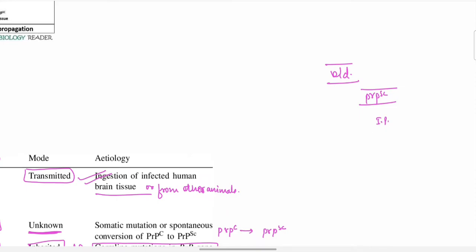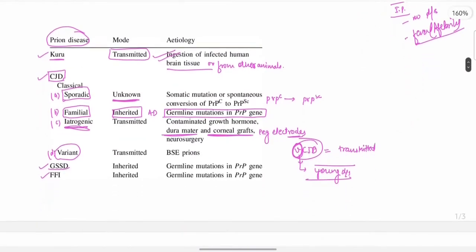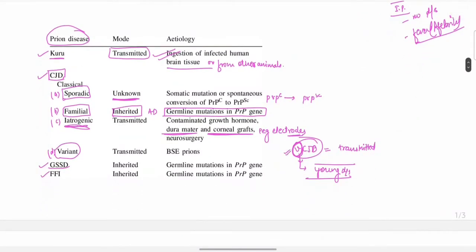They stay for years in the brain and don't cause much inflammation. Why? Because they are proteins, and proteins are not very inflammatory. So there are no systemic signs and symptoms, and there is no fever. The patient is afebrile; though there is an infection, there is no fever. But variant CJD is present in young males.